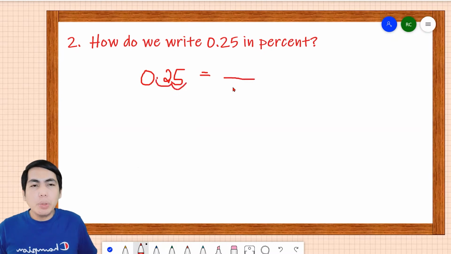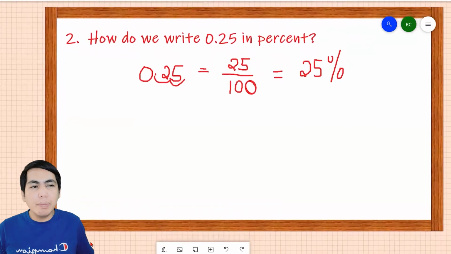Since we move 2 decimal places, the denominator has 2 zeros to make it 100. So 0.25 is equivalent to 25 over 100. Since percent is over 100, 0.25 is equivalent to 25%.